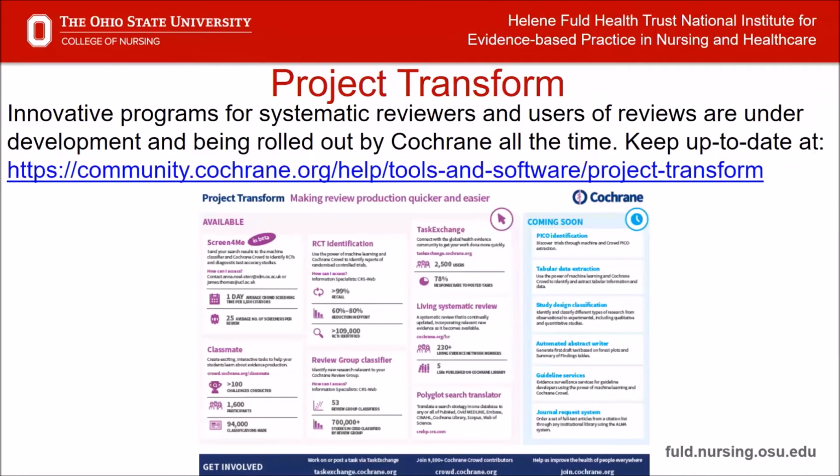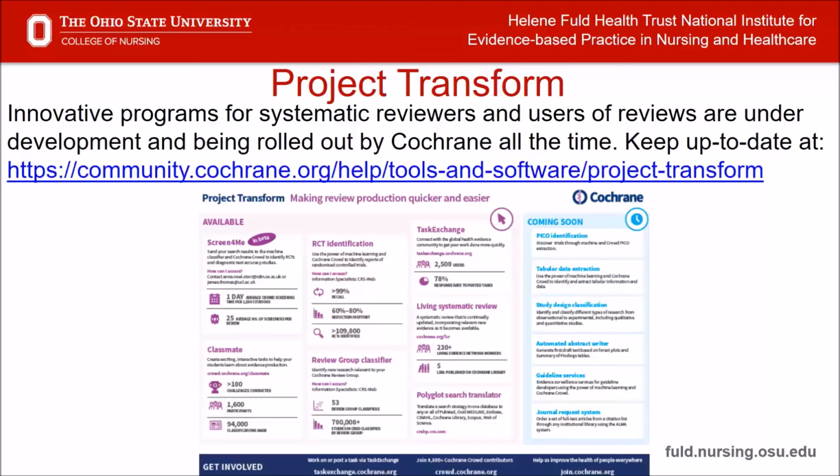Cochrane is also continuing to innovate and provide new resources, both for those who are conducting systematic reviews, but also those who are users of reviews. And so they have brought these together into what's called Project Transform. This is a collection of projects that are continually changing.